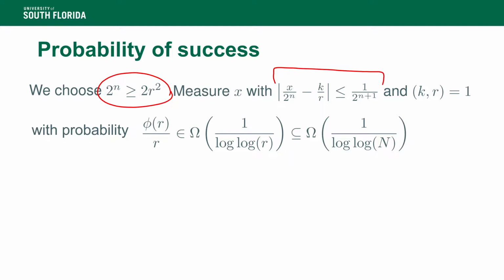Plus, if you add the constraint that k and r be coprime, you can prove, and that is in the notes, but we're skipping it for this presentation, that that probability is, like before, at least phi of r divided by r, which is an omega of 1 over log n.